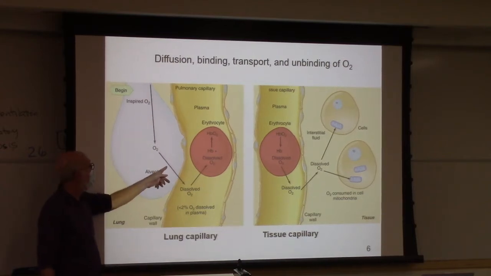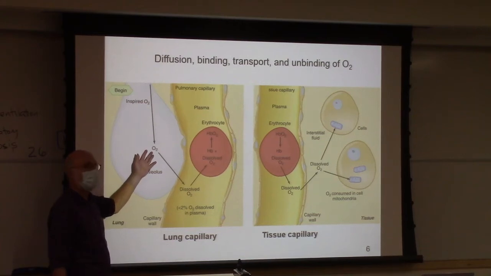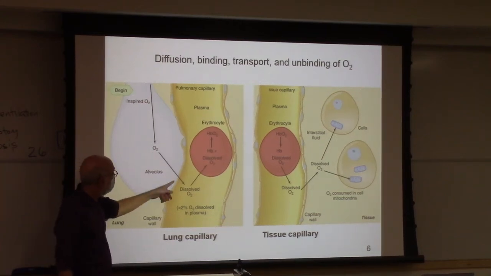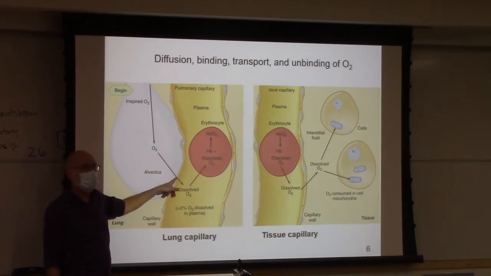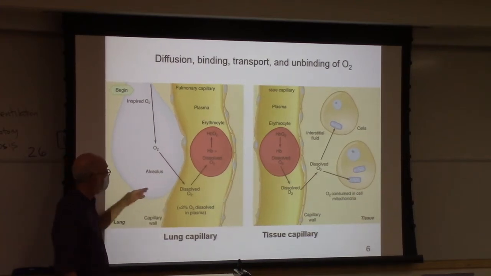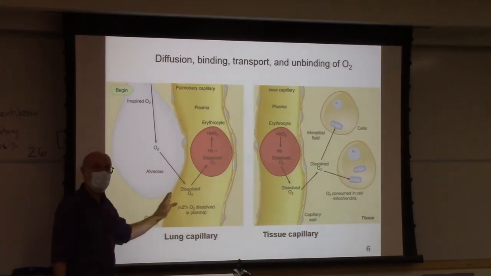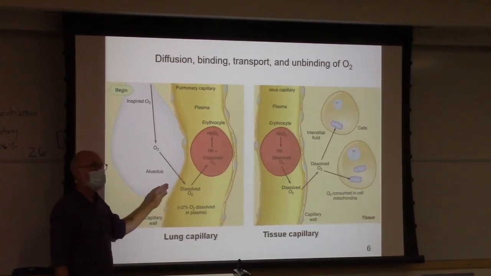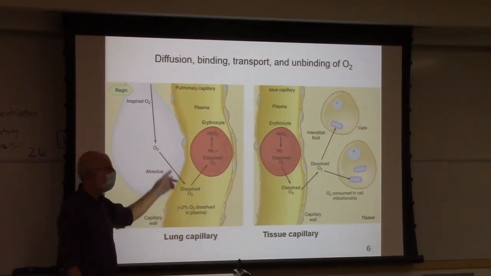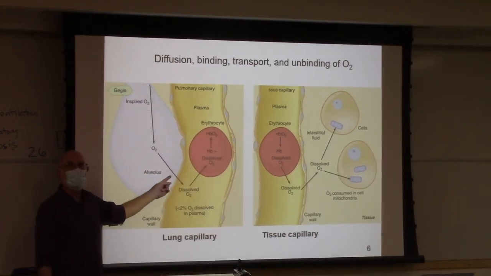What is this arrow? Oxygen moving from the gas in the alveolus through the type 1 alveolar cell that lines the alveolus, that's not shown, through the endothelial cell that lines the capillary. These are cells that are specialized for being thin and allowing this process. What is this process called?